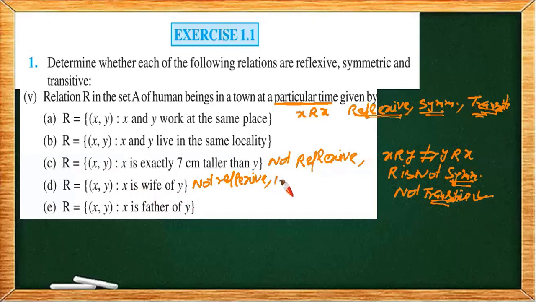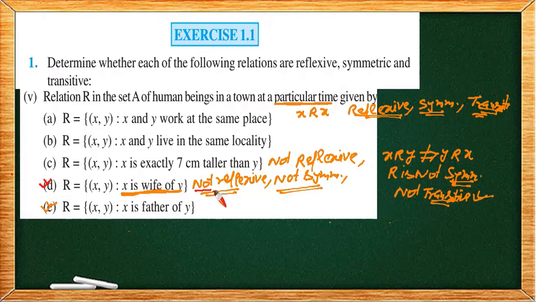So this relation is not symmetric. Now we check this for transitivity.